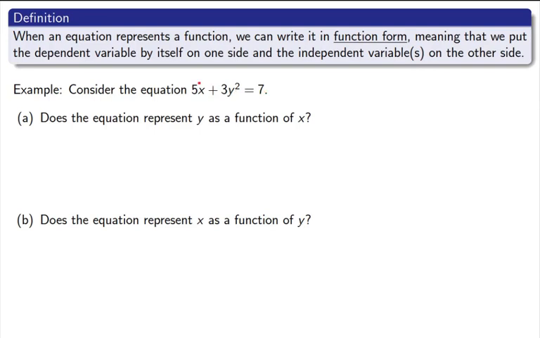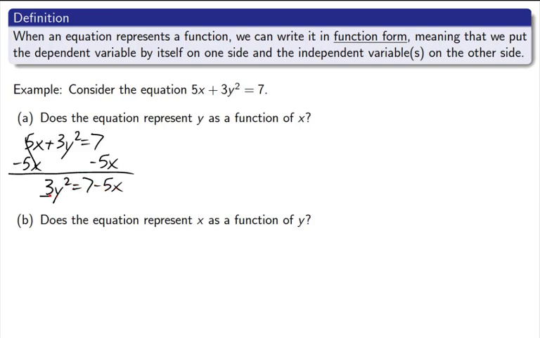Does the equation represent y as a function of x? Well, let me start out by attempting to solve for y. Subtracting 5x from both sides, I'll get 3y squared equals 7 minus 5x, and then dividing by 3, I have y squared equals (7 minus 5x) over 3.